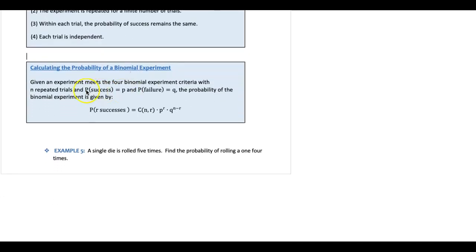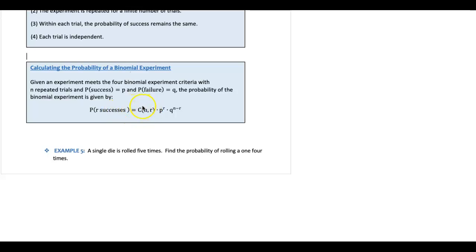To calculate the binomial experiment, we have probability of success designated as variable P, probability of failure as variable Q. There are n repeated trials. So to find our successes, in our case we were looking at 2 blues, so 2 successes out of 3 trials.